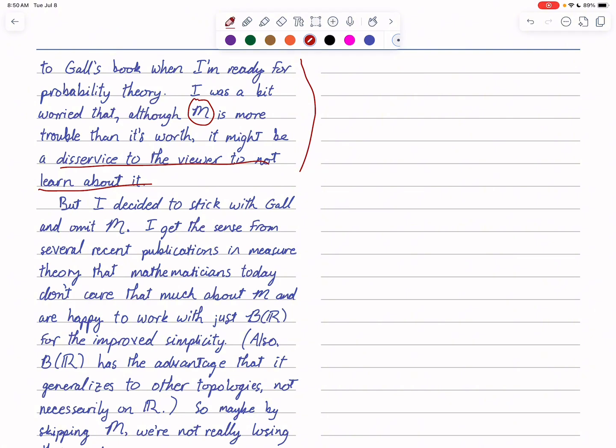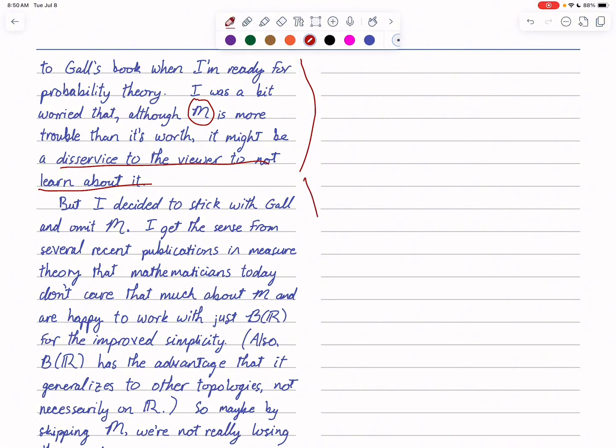If this is an important object in the field of measure theory and we never introduce it and talk about it, then maybe that's kind of a disservice. So I was wondering if I should switch to a different textbook. I often have this bad habit of getting started in a project and then realizing some part of it that I don't love and then switching to some other project. So I was in a little bit of danger of doing that again.